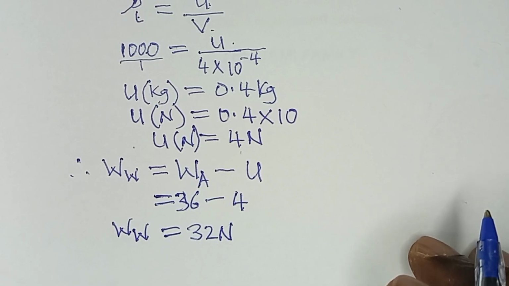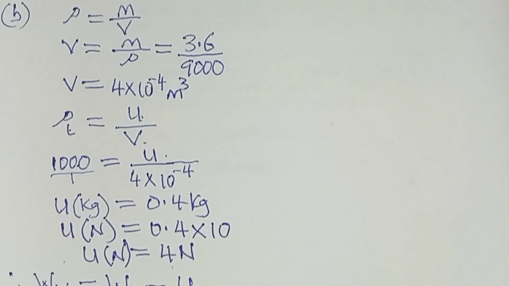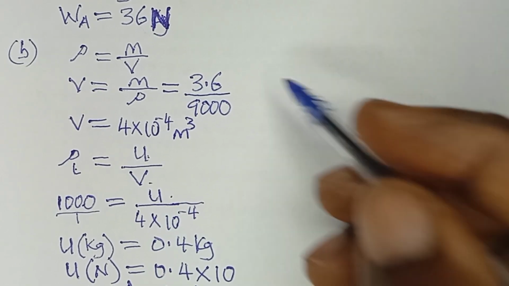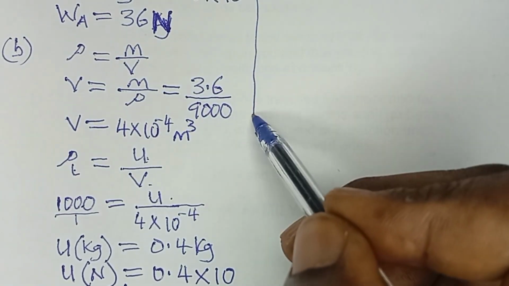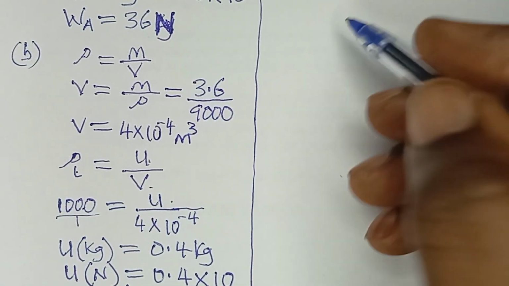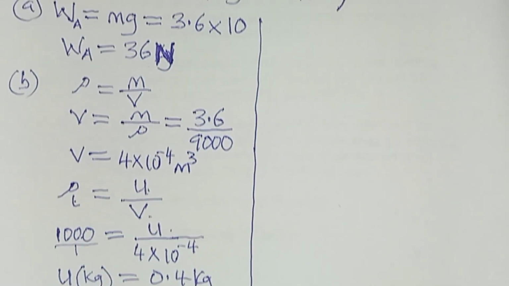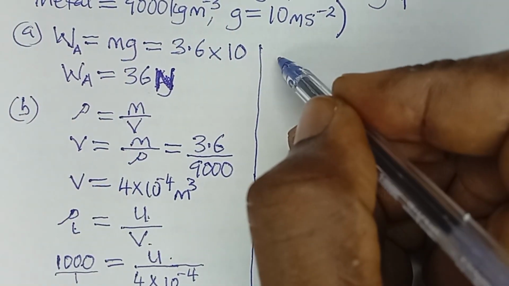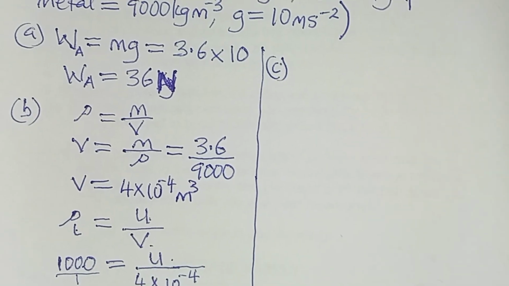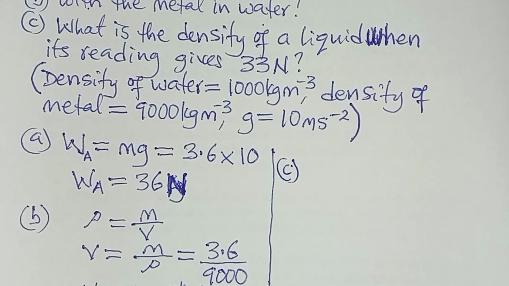Now, let's go on to question C. I would like to solve question C on this side. Let me rule a line here so that I can solve it on this side. So now, I'll call this question C. In question C, we are asked to find the density of a liquid.